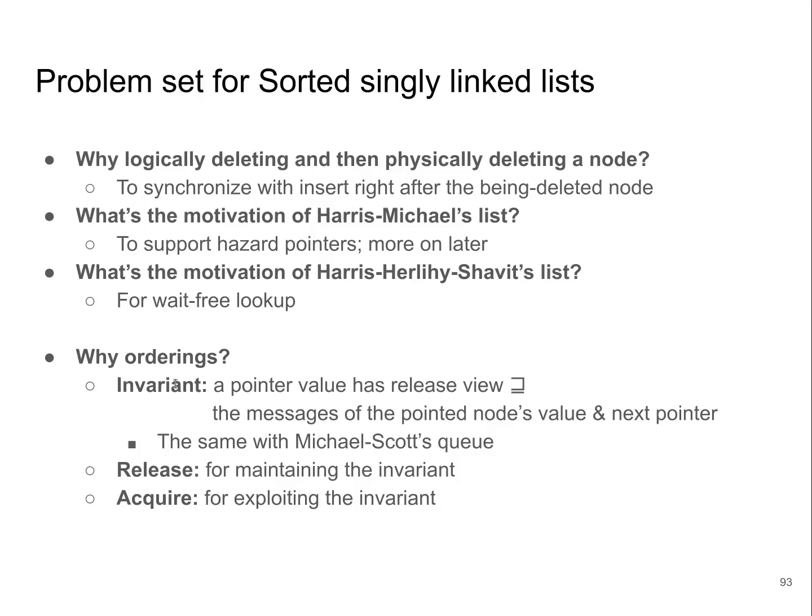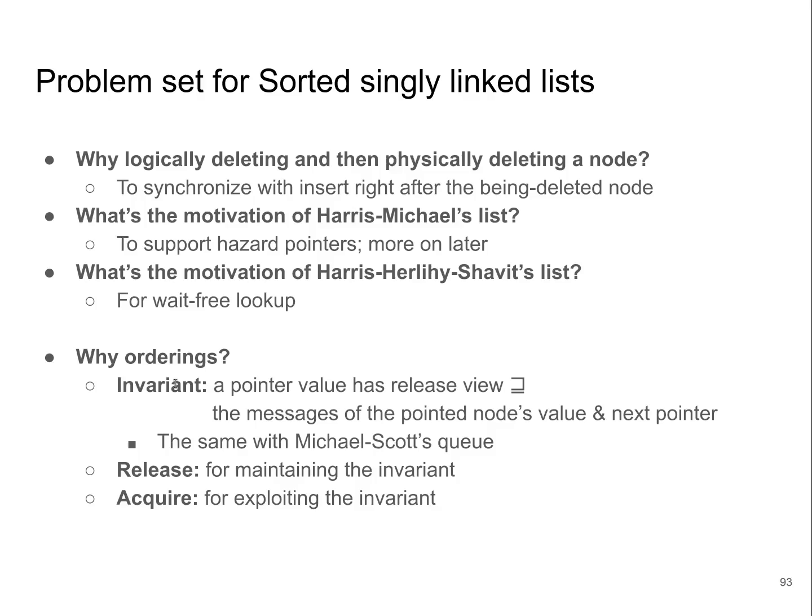So this is written by something, and node.value is also written by something, and that write has a timestamp in the promising semantics. The invariant is that the timestamps for the messages here, for the latest value of node.value and node.next, must be already acknowledged by the pointer's release view. So that is the invariant.